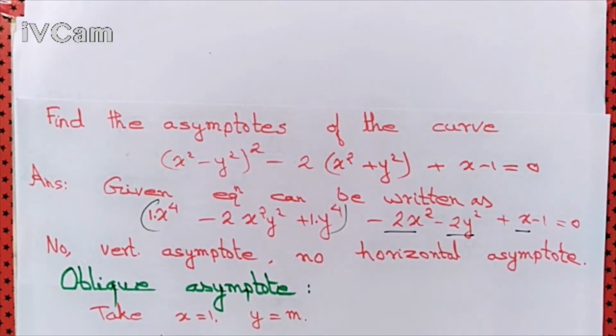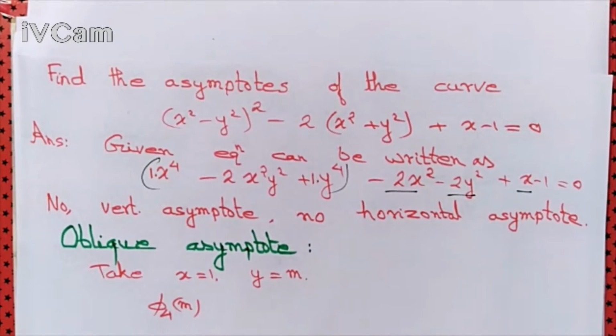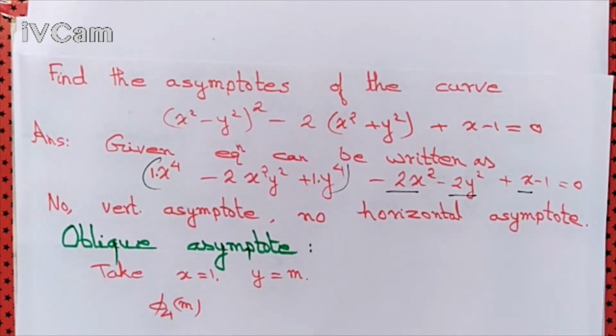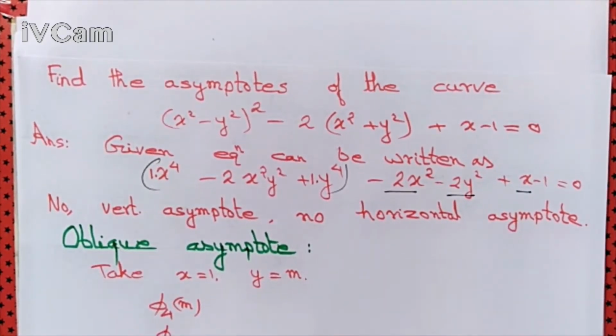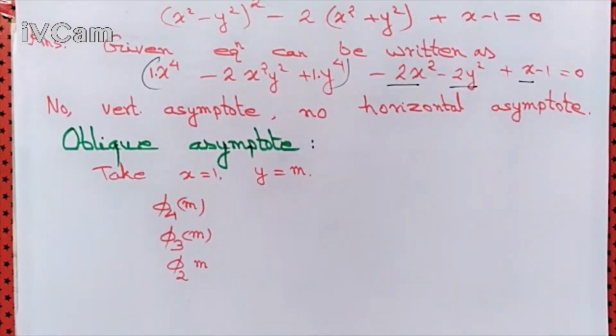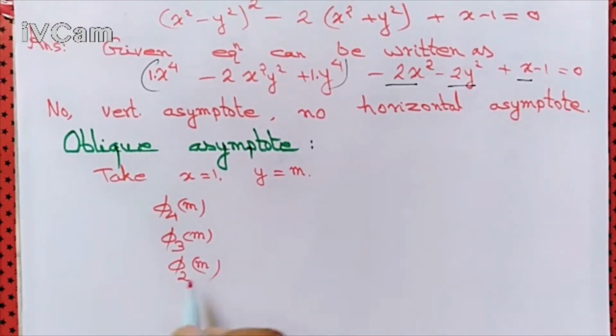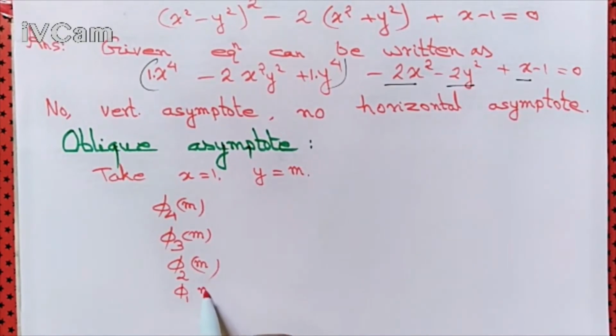Since the degree is 4, we'll start with phi 4, phi 3(m), phi 2(m), phi 1(m).